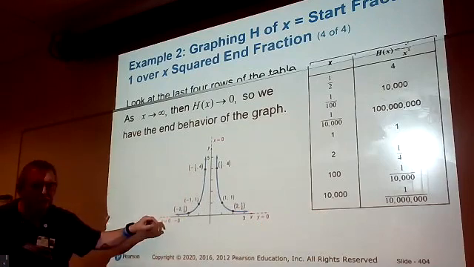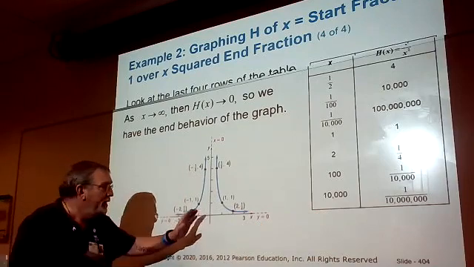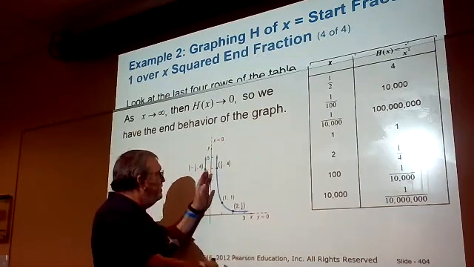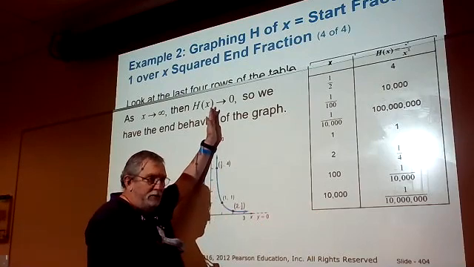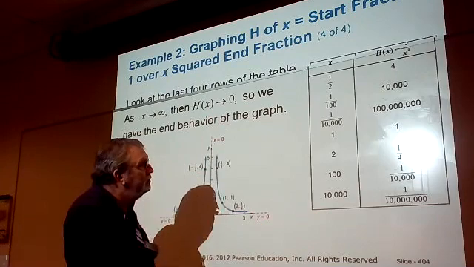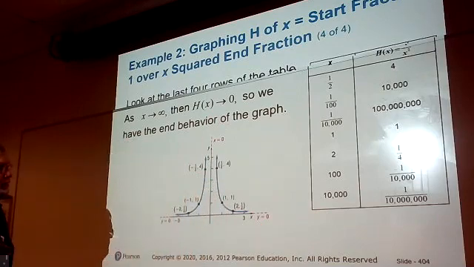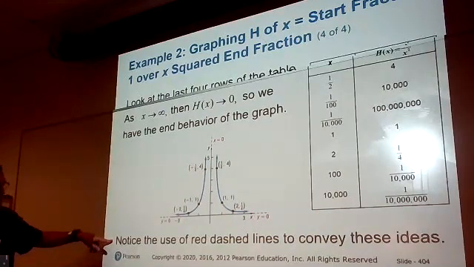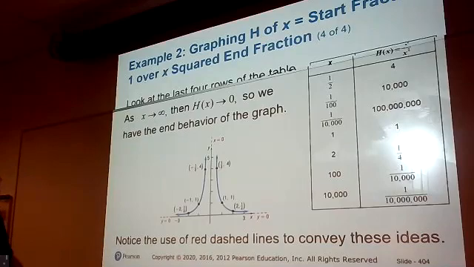The y values get closer and closer to 0. And as x gets closer and closer to 0, the y values keep getting larger and larger. They go towards infinity. And I pointed that out because I knew they were going to say it.